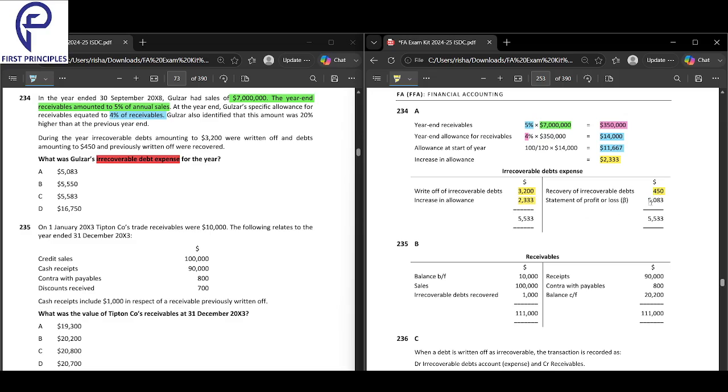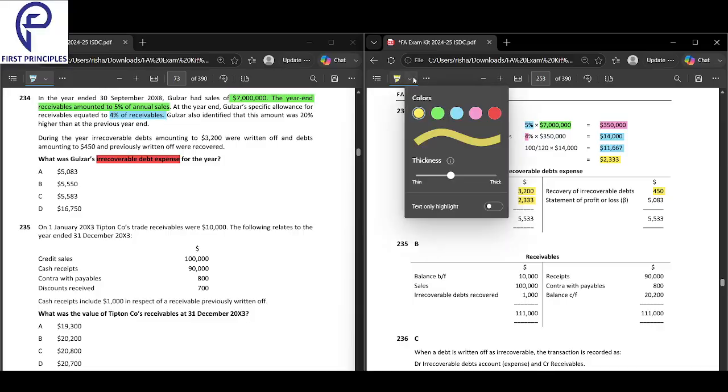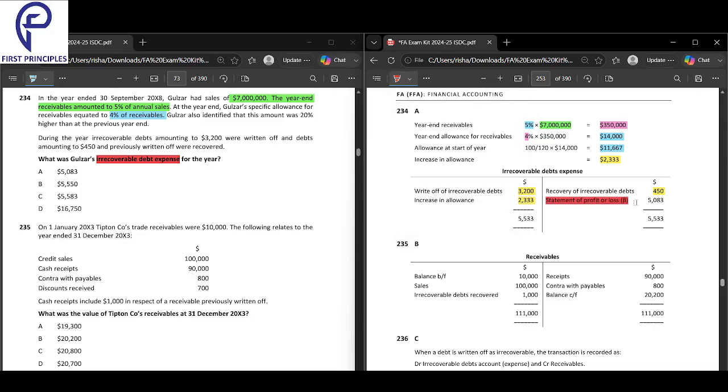So a balancing figure is the answer to this question. In the statement of profit and loss, we will get the expense for this year with regards to irrecoverable debt. We make the T account of irrecoverable debt expense.